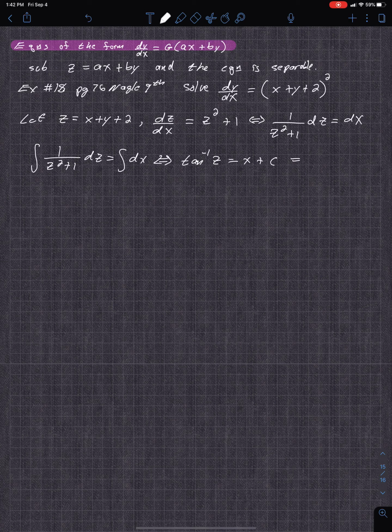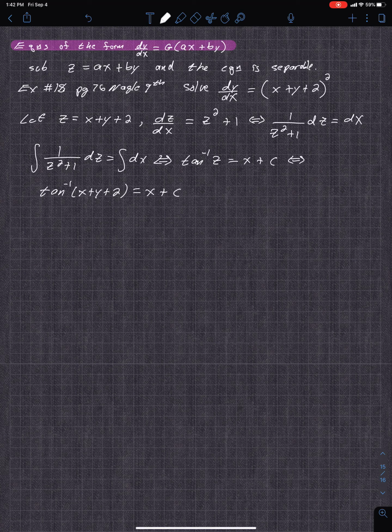Okay, so that's if and only if arctan of (x plus y plus 2) is equal to x plus c. Of course that's implicit form, and you have to state some of the hypothesis or domain issues of tan inverse and all that, but you still can solve it.